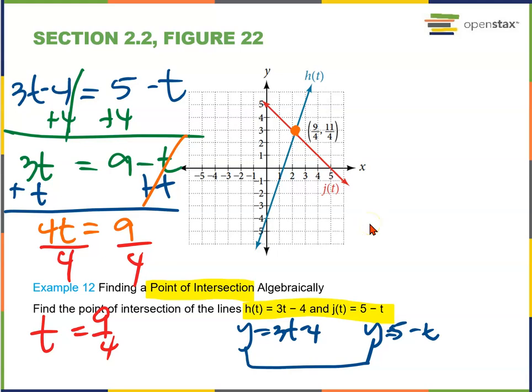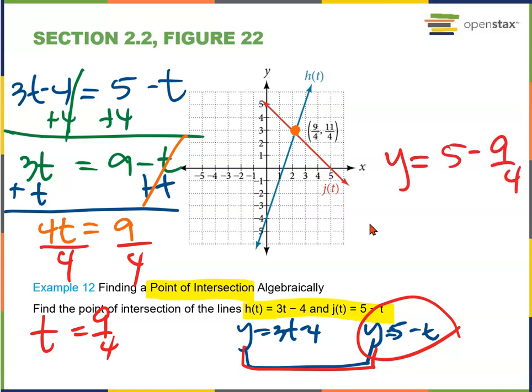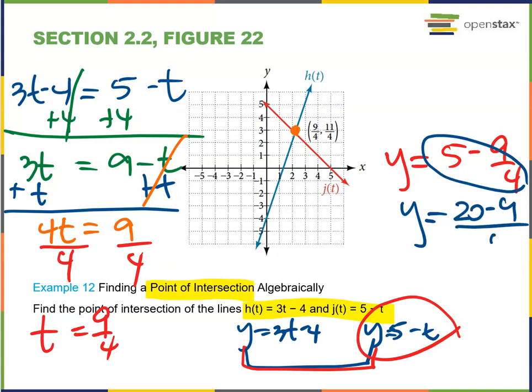And then you can solve for y. You can use either of these two and plug in the value of t. Let's try this. So y equals 5 minus 9/4. So how do you solve this? This is what I do here. 5 times 4 is 20, minus 9, all over 4.